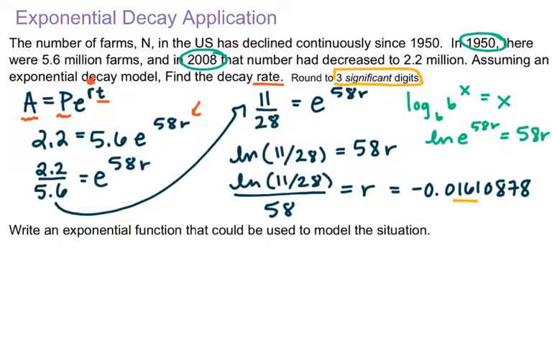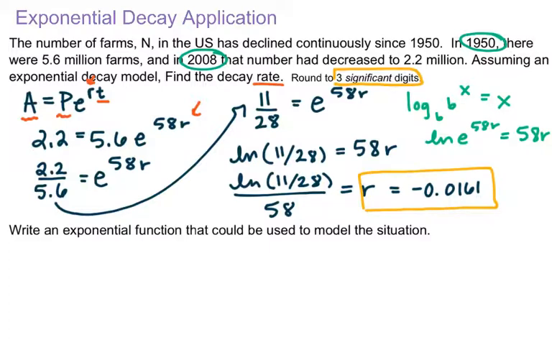So 3 digits in this situation when I'm rounding means I'm going to keep that 1, 6, and 1. Everything else we're going to consider insignificant and we're not going to use. So my decay rate can be written as R equals negative 0.0161.